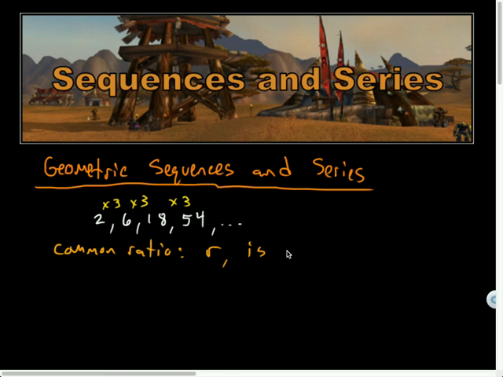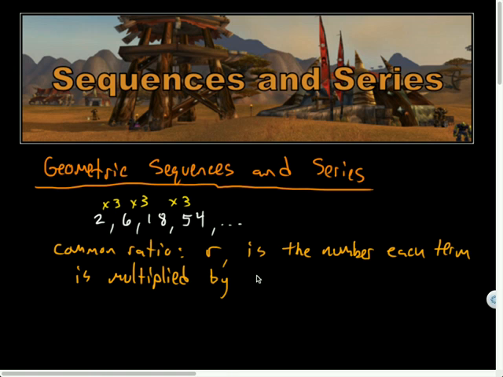The number each term is multiplied by in order to get the next term. And this type of sequence is geometric.